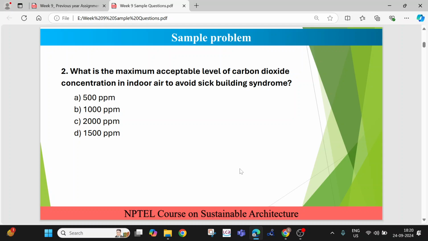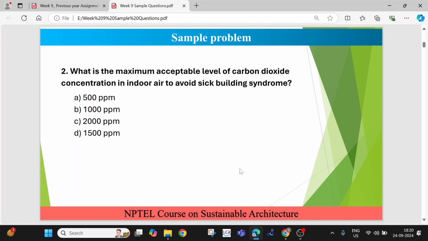What is the maximum acceptable carbon dioxide concentration indoors to avoid sick building syndrome? Beyond that particular ballpark number, the indoor air quality will not be considered suitable for the occupants. So what is that number?